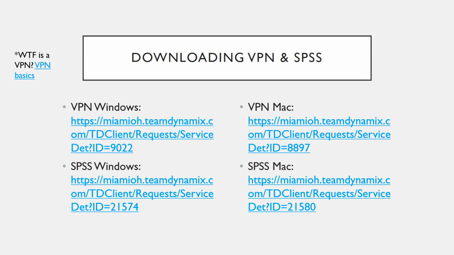At that exact moment, have your phone with your Duo Mobile app ready to go, because you will get a push notification simultaneously that you will need to approve before the VPN is working. 99% of the time, if a student tells me they can't get on SPSS because it says the license isn't right, it's because the VPN was not properly working. So getting that VPN right will be critical to using SPSS if you're not on campus, which I hope most of you aren't.